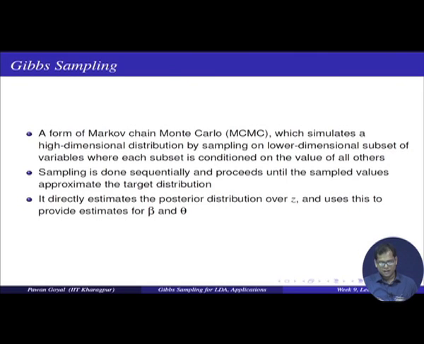So you are not computing the joint probability of everything; you are assuming some to be known and computing probability for others, and you keep on doing that in turns for all the variables. Sampling is done sequentially and proceeds until the sampled values approximate my target distribution, and it directly estimates the posterior distribution over Z and uses this to provide estimates for beta and theta. So we will find out the distribution over Z and then use that to compute my theta and beta, and we will see how we do that.